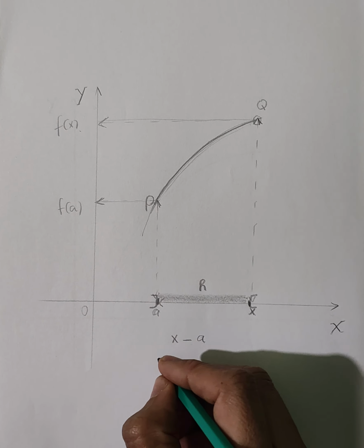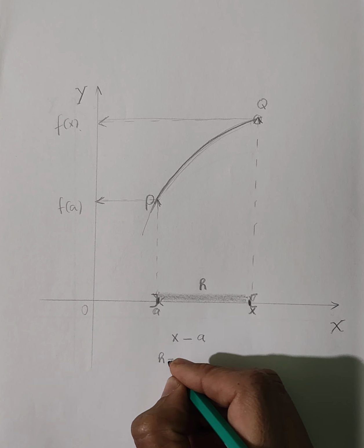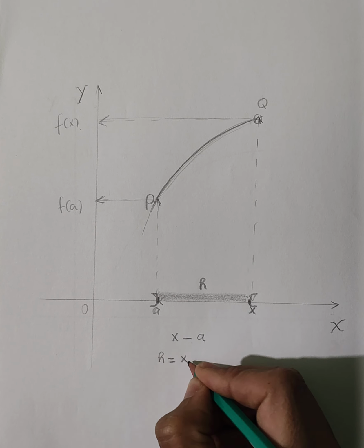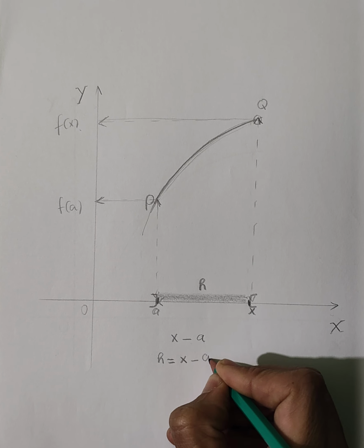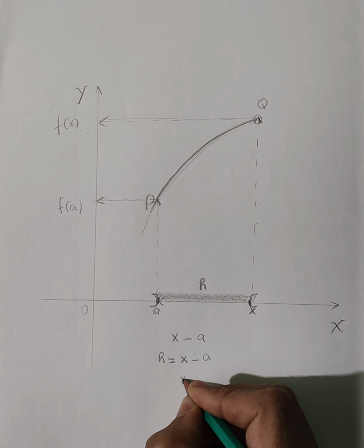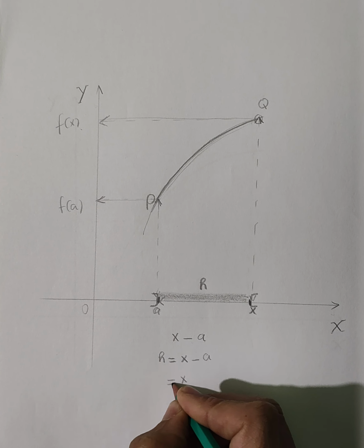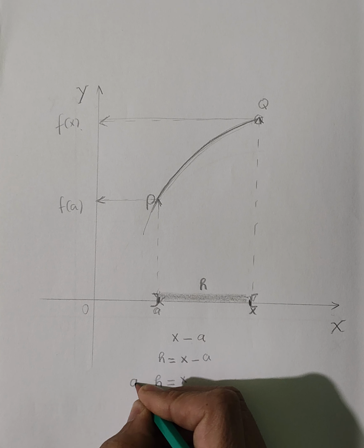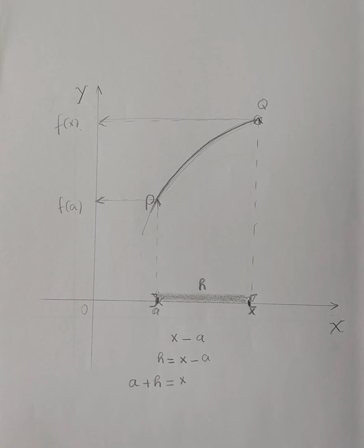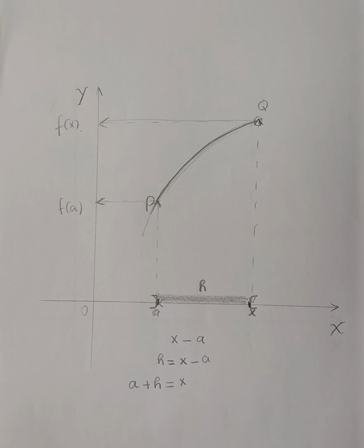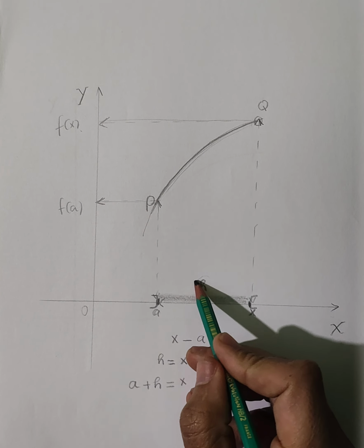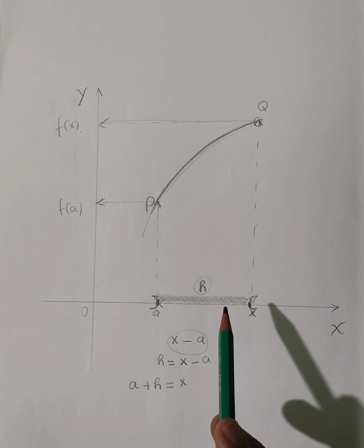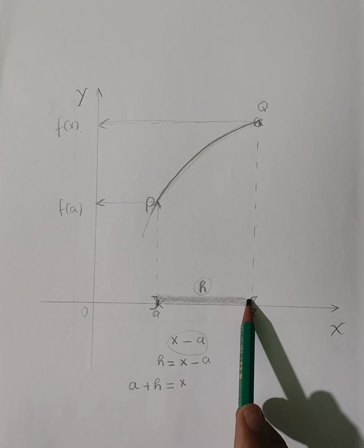So h equal to x minus a. So x is equal to a plus h. And now we have two values for the same distance.